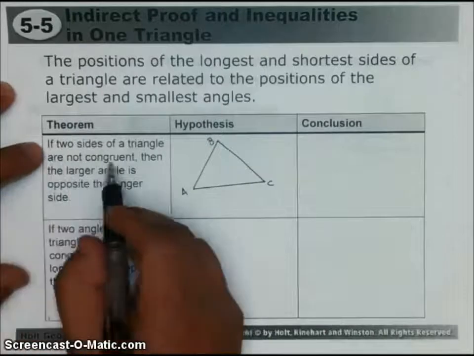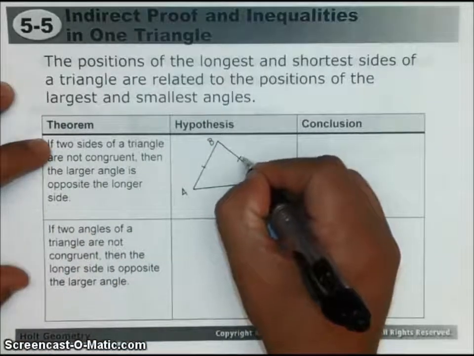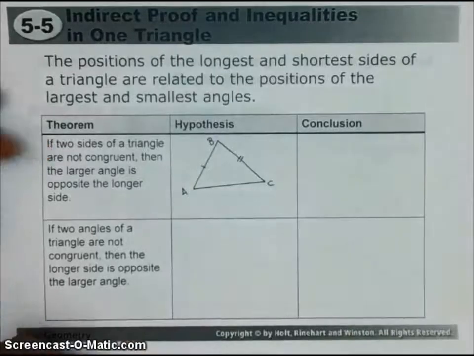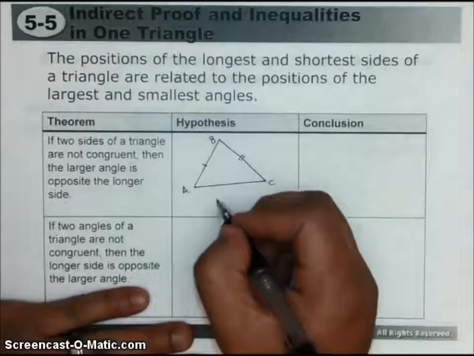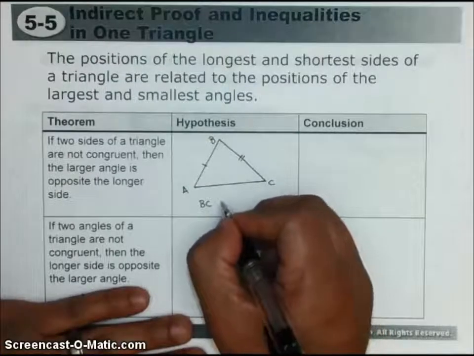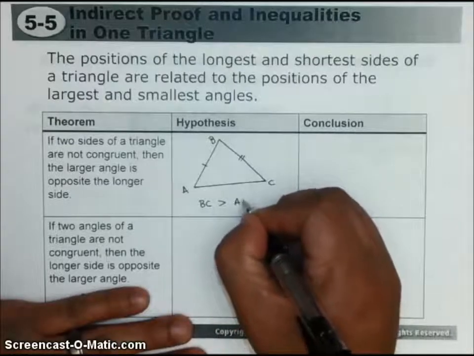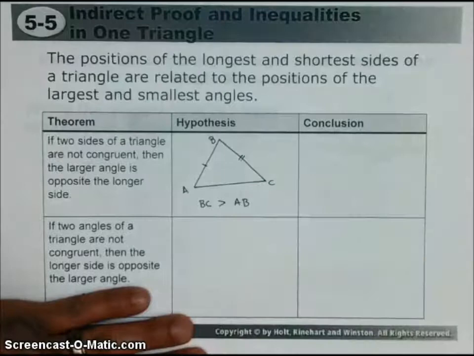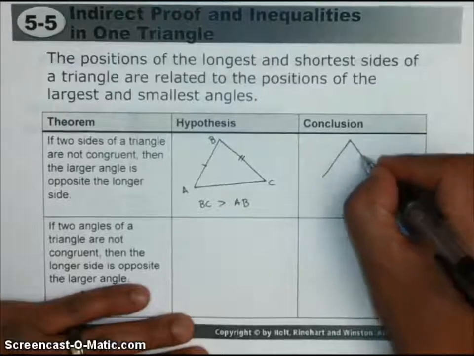Let's say these two sides are not the same, and the distance from B to C is greater than the distance from A to B. Then my conclusion would be, let me redraw this.